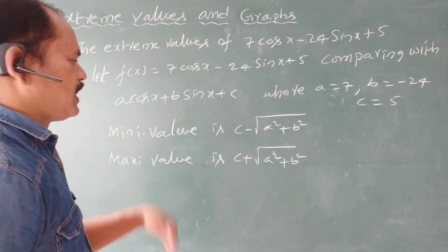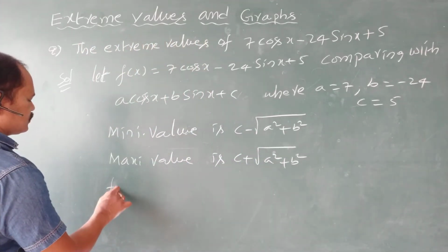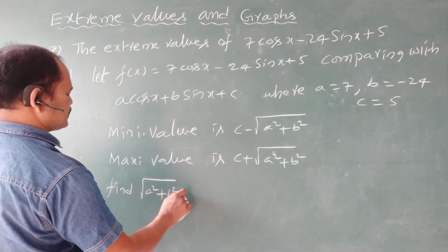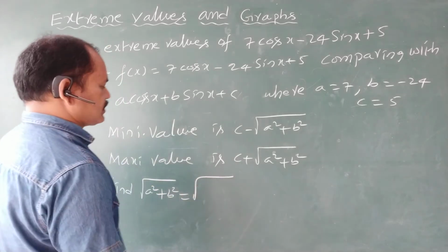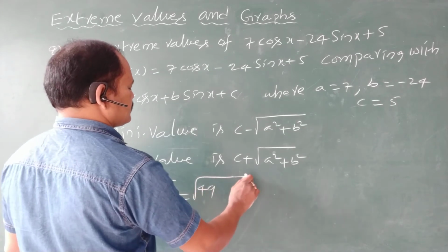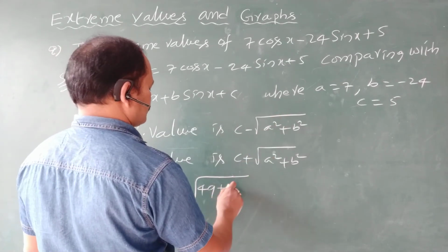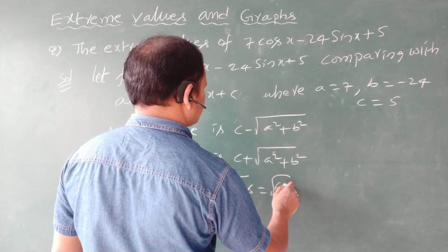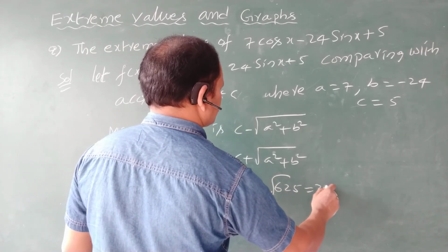First of all, we have to find root a square plus b square. Root of a square, that is 49, 7 square, plus 24 square, which is 576. That's why it is root 625, which is 25.